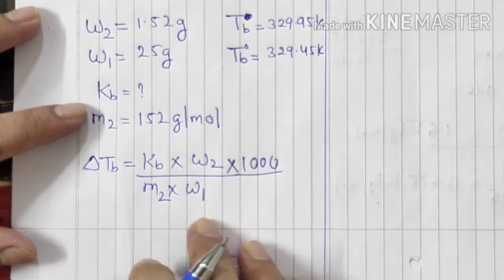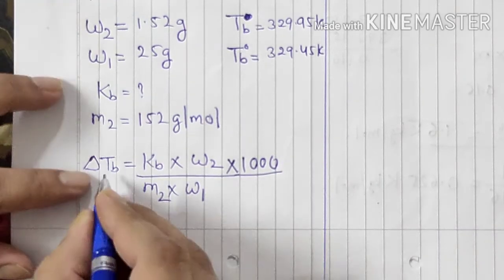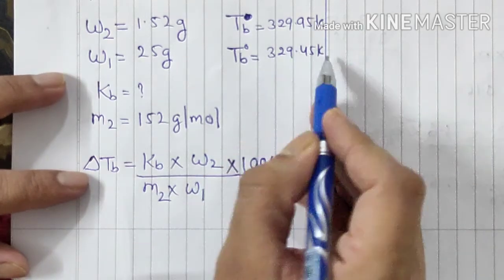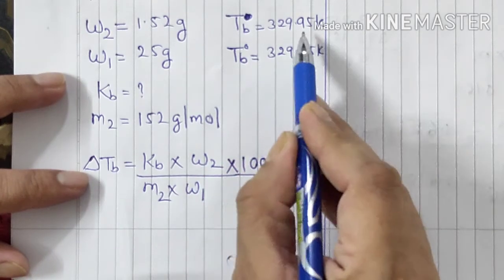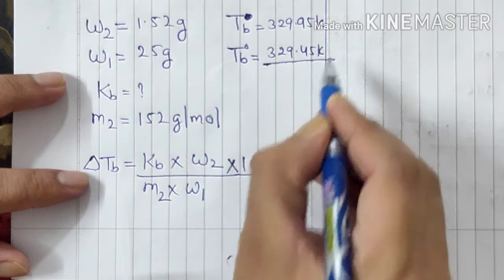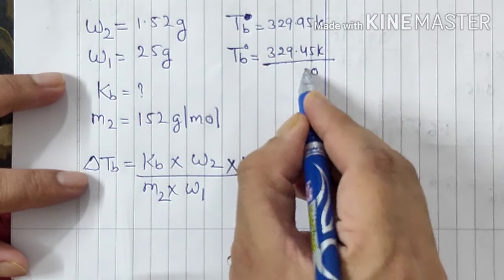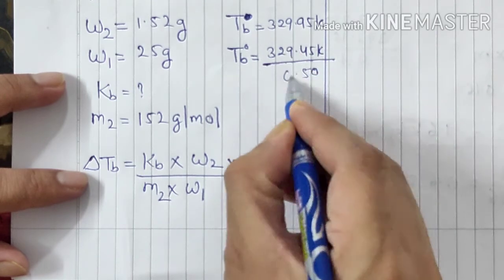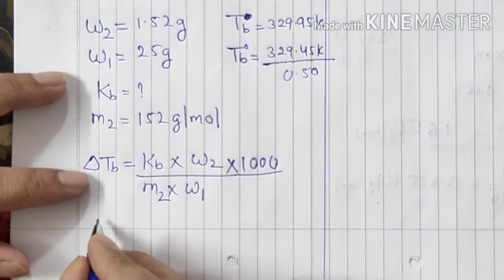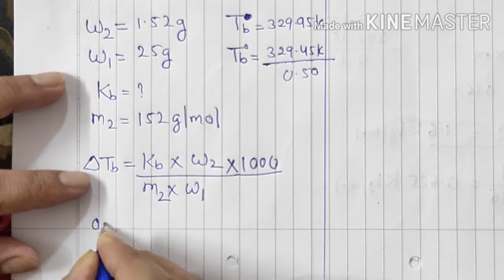This is the formula, right? Now just substitute. Delta TB is the difference between these. Okay, 329. Let's find the difference. 5 minus 5 will be 0, 9 minus 4 will be 5, and this becomes 0. So 0.5. Delta TB is 0.5.